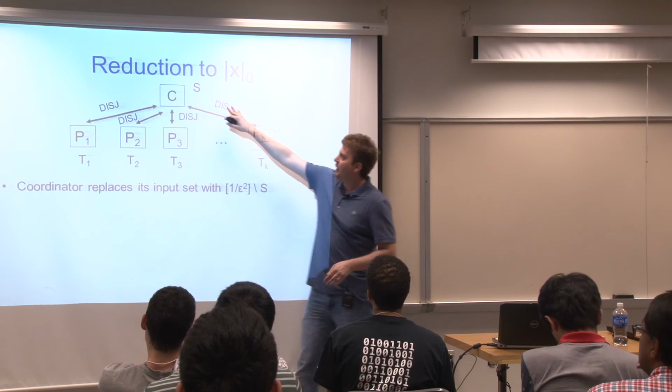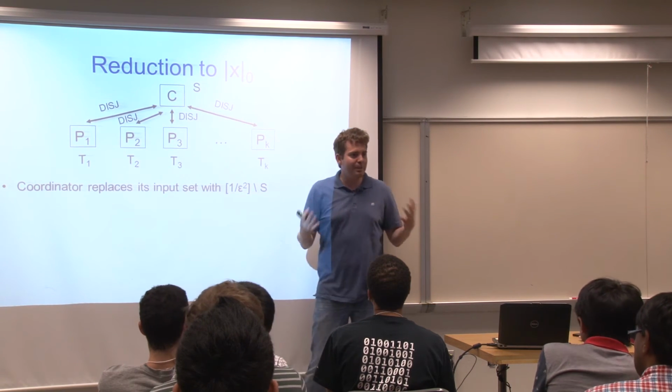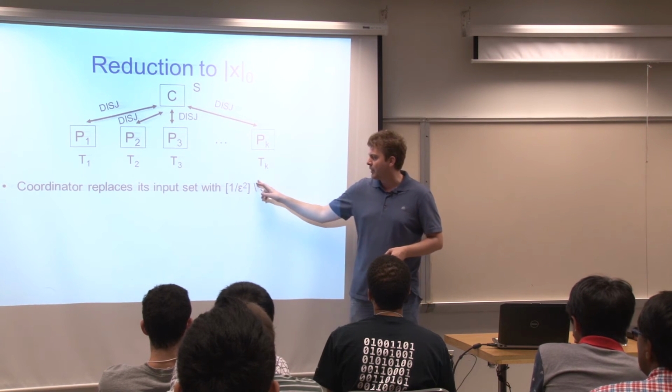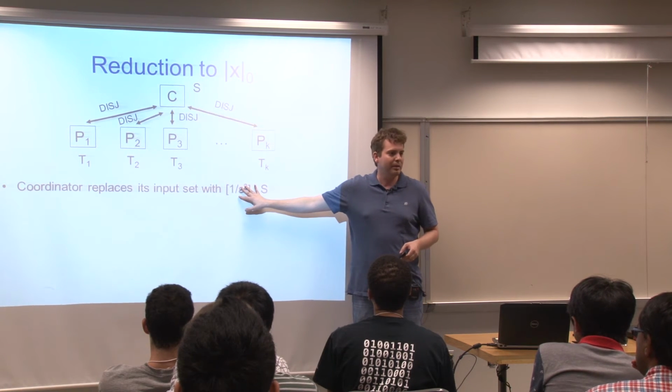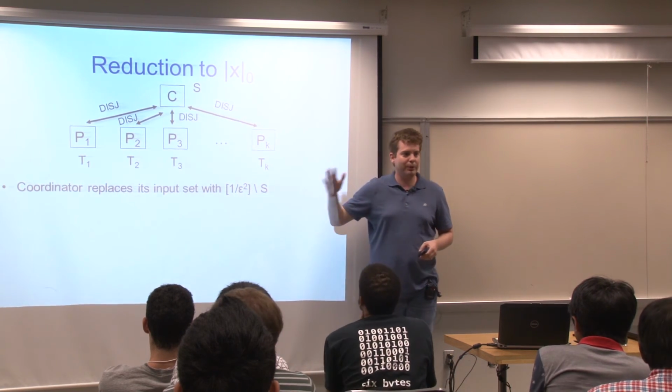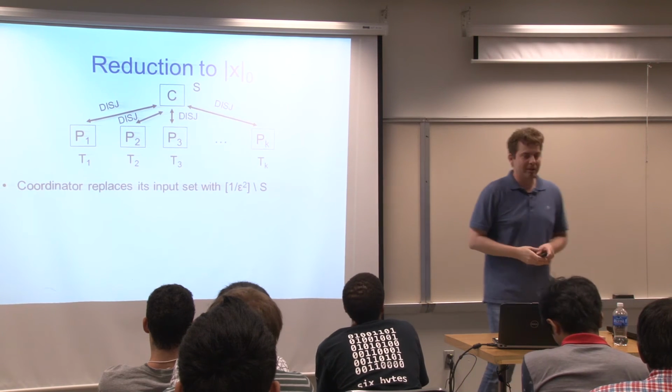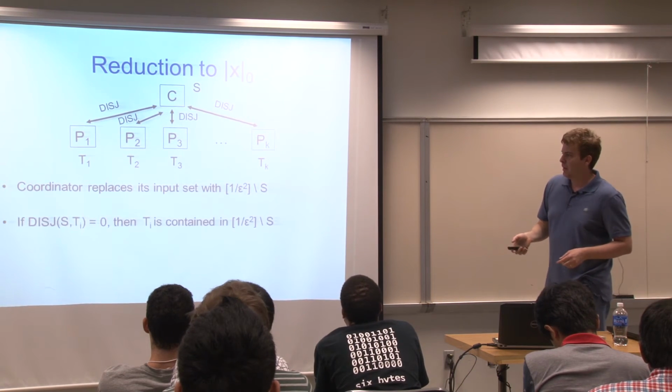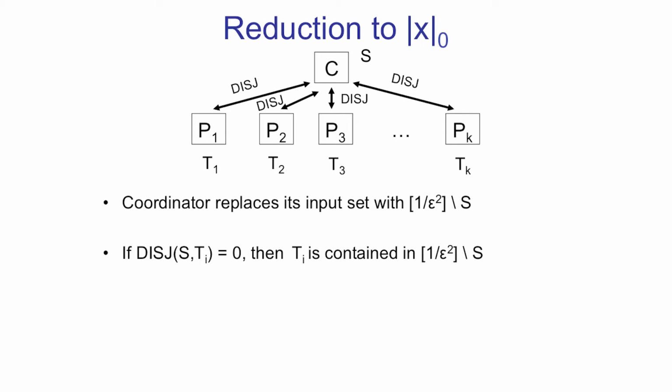The coordinator has this set S. In the distinct elements problem, he's going to think of instead having the complement of that set, 1 over epsilon squared without S. Now the main point is: what happens if the disjointness between the set S and Ti, the ith player's input, is 0? That is, they're actually disjoint.